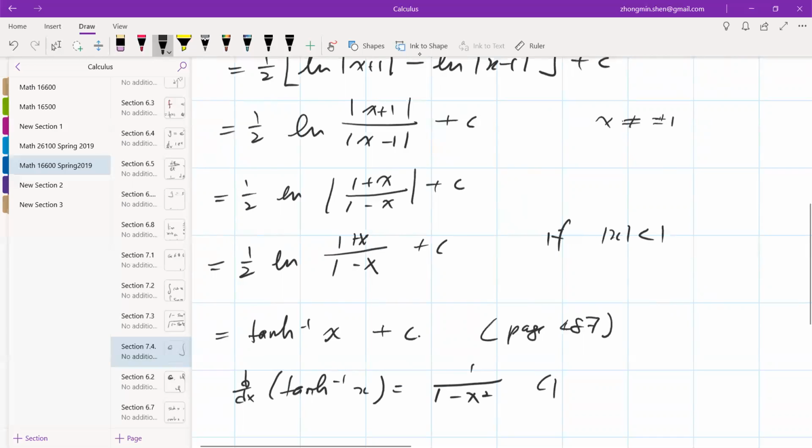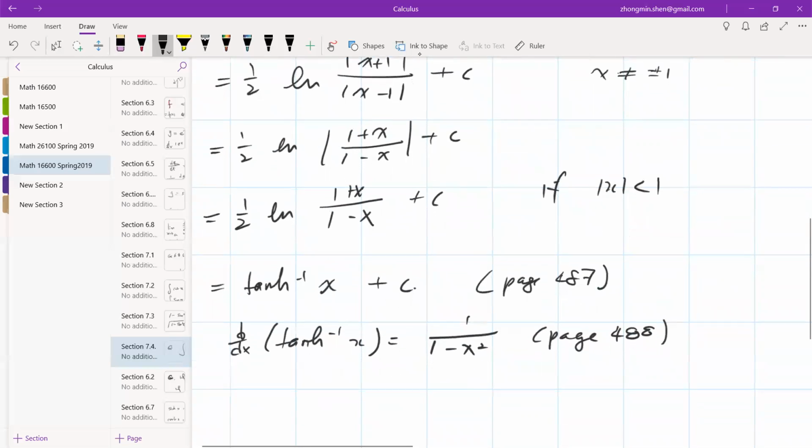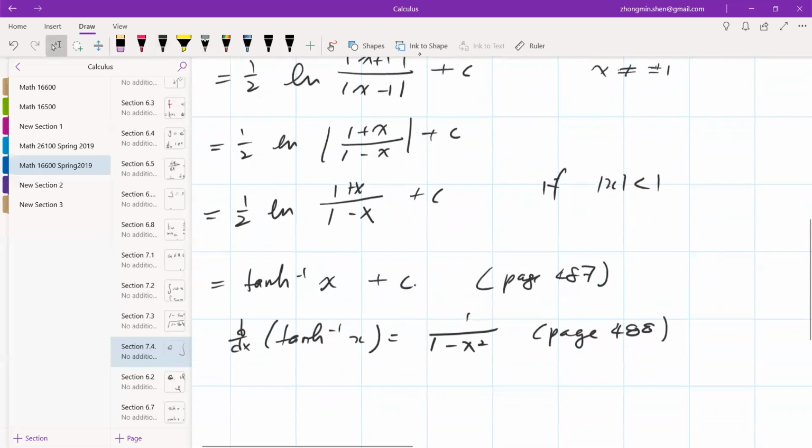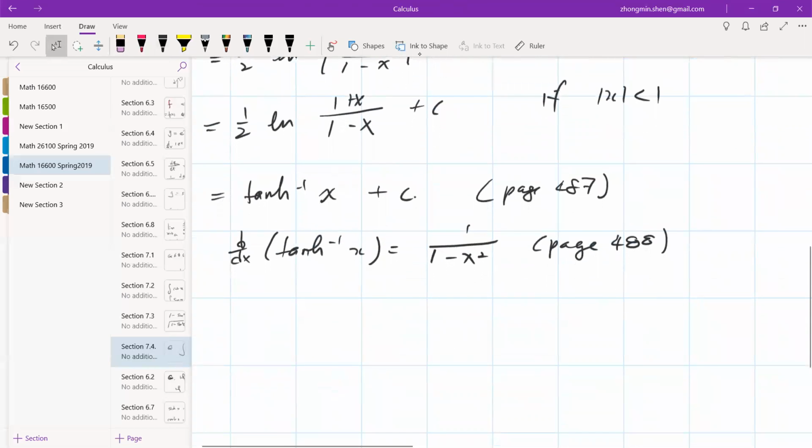This is on page 488. So if you know this, definitely you have no problem. Just integrate it, 1 over 1 minus x squared.